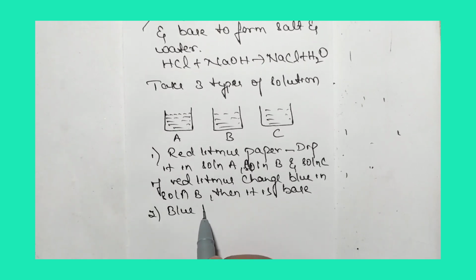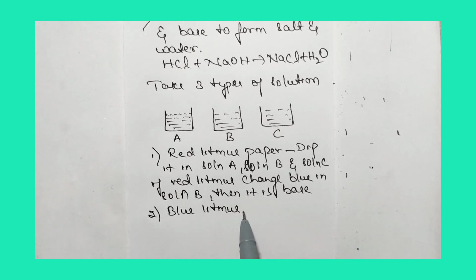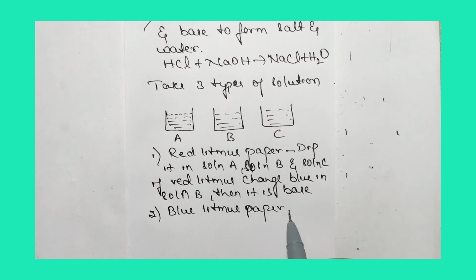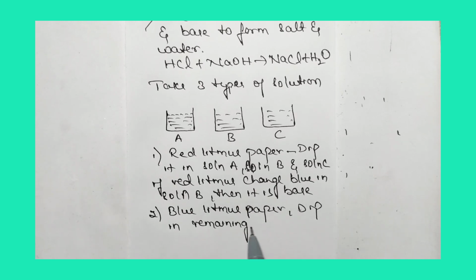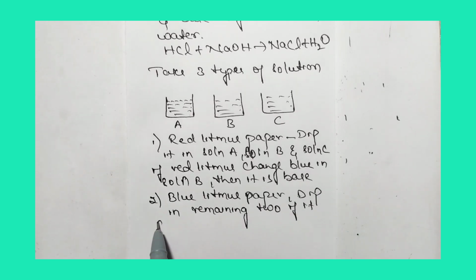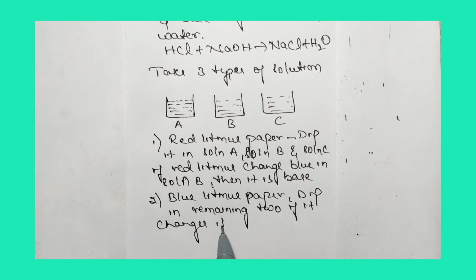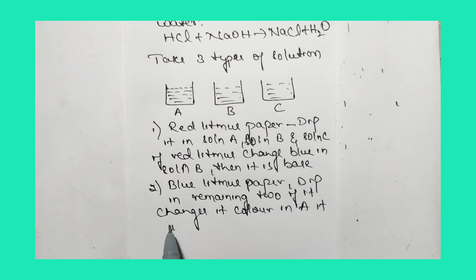Now take blue litmus paper and dip it in the remaining 2. If it changes its color in A, it is an acidic solution.